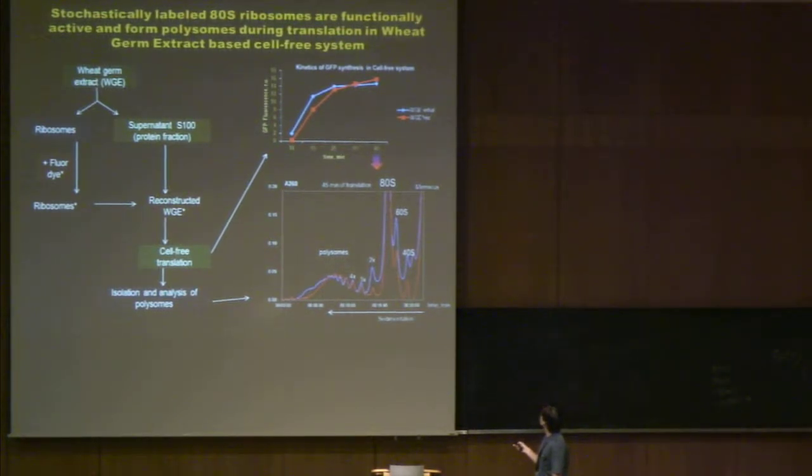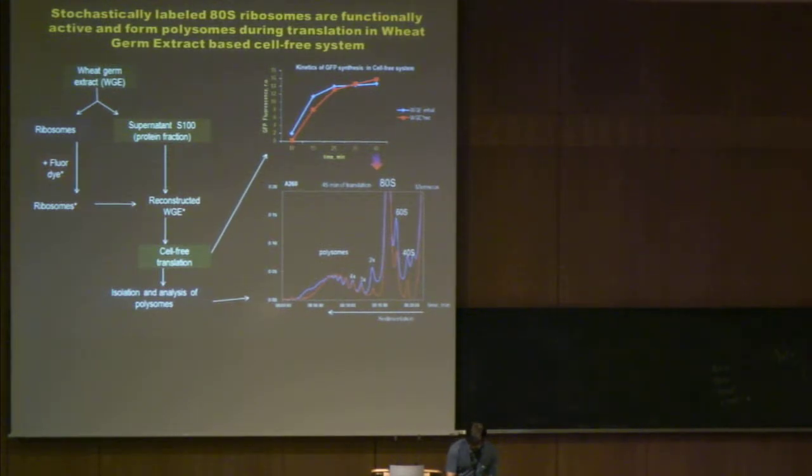This is polysome profiling. These peaks indicate full eukaryotic ribosomes. This is a large subunit peak and a small subunit peak. And this is our polysomes. So we see the loading of polysomes is the same in both cases.